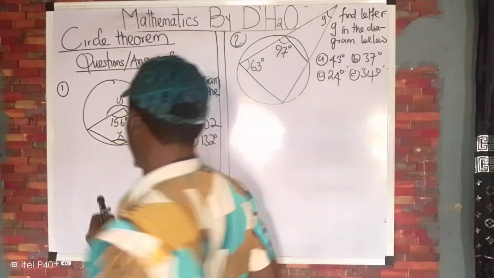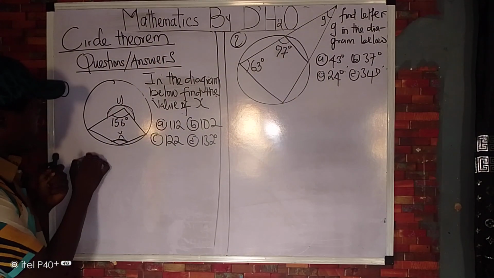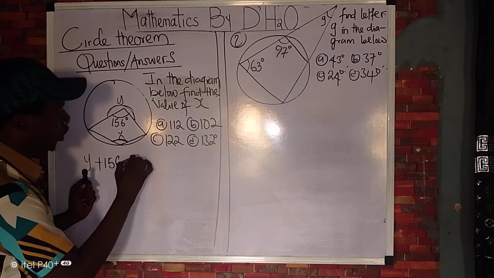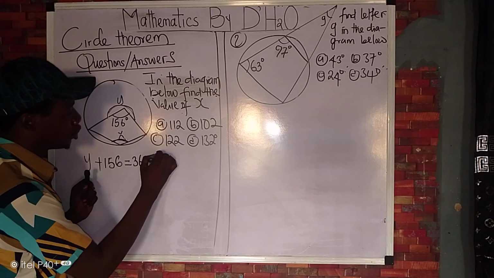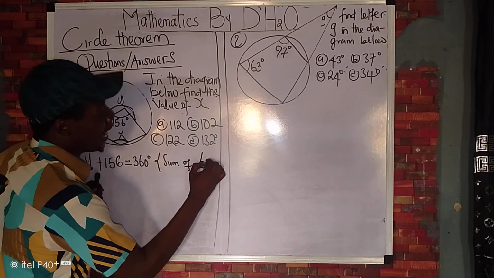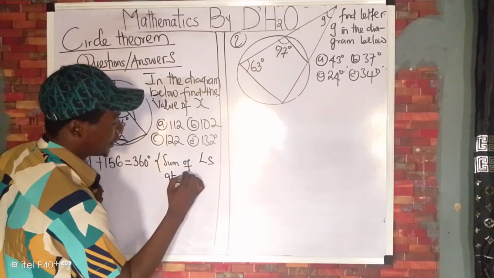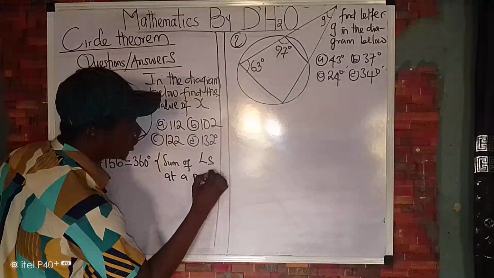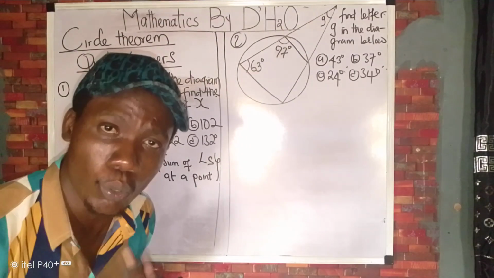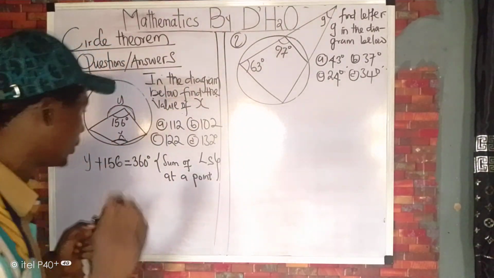Let's do that quickly. We will say that y plus 156 is equal to 360 degrees. What is your reason? Sum of what? Angles at a what? A point. Please, you must give your reasons whenever you are solving problems in circle geometry. Your reasons must be stated.